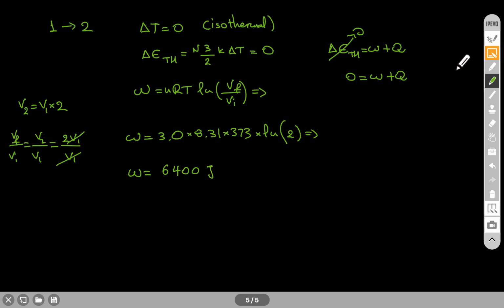joules. Now, I do want you to remember, this is the work that the gas does on the surroundings. If I want to use energy conservation, as I said before, I have to include a minus here.